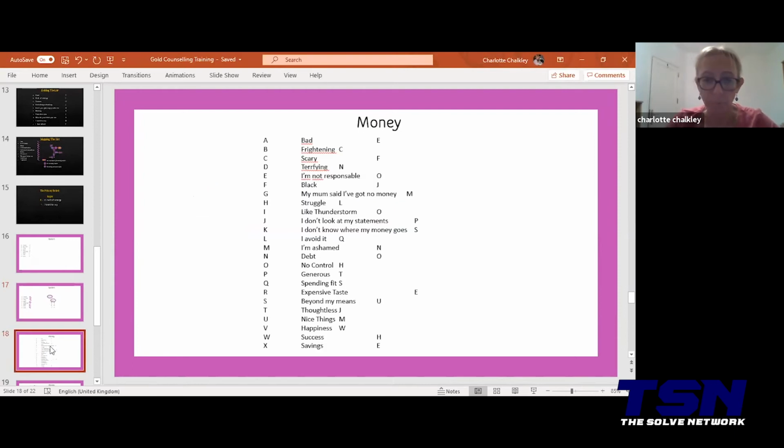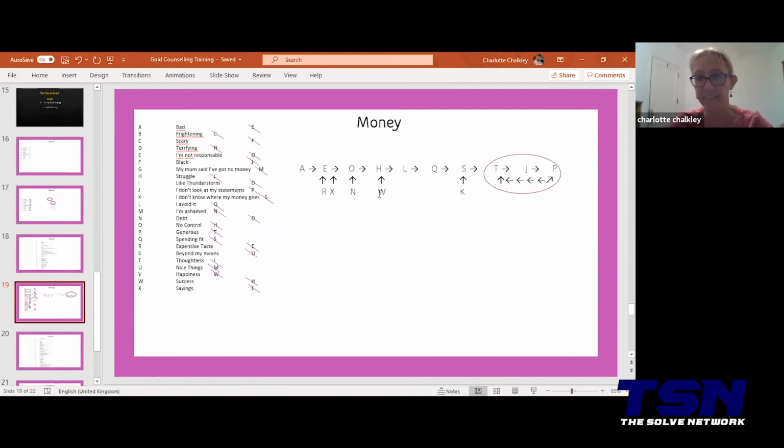If we have a look at a longer one, money, the famous money. Not surprisingly, this is a big one. So you can see here that the actual core belief is T, J, and P. So T goes to J, J goes to P, and P goes back to T again.